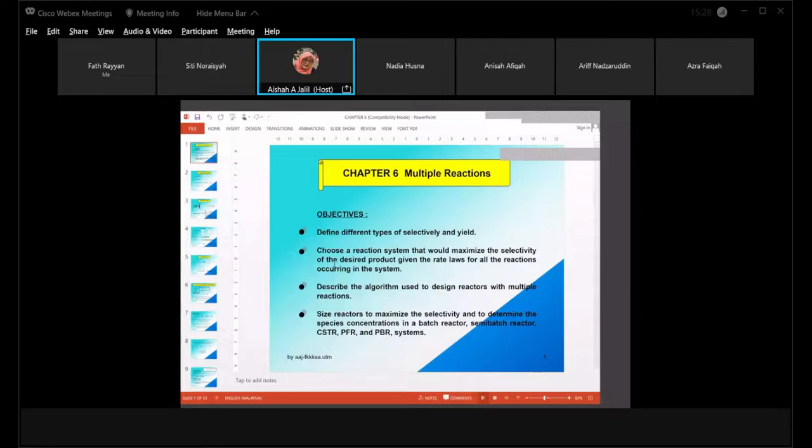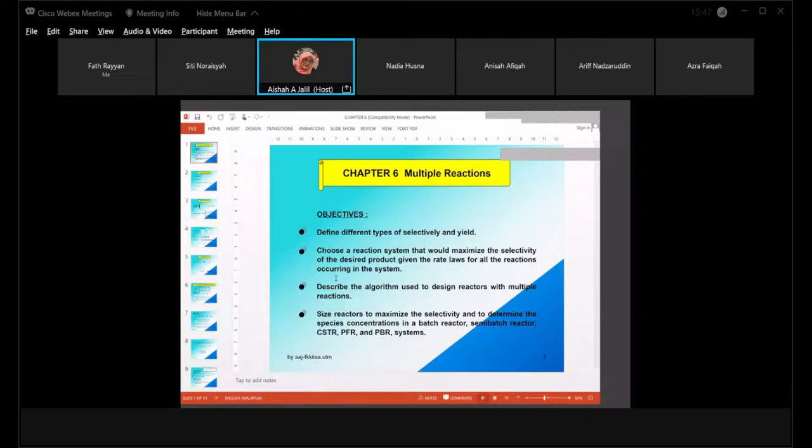And then you can choose a reaction system that would maximize the selectivity of the desired product given the rate laws for all the reactions occurring in the system.